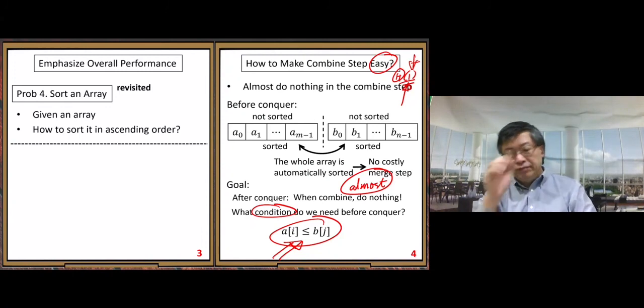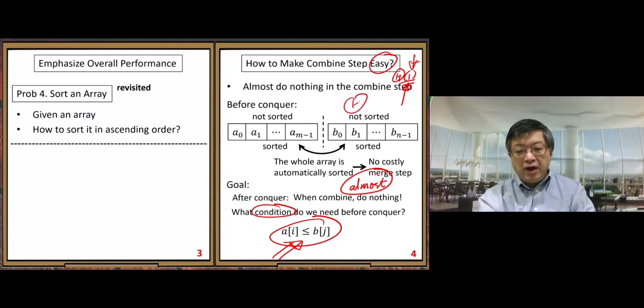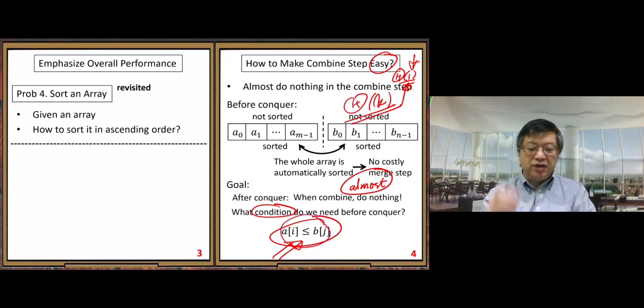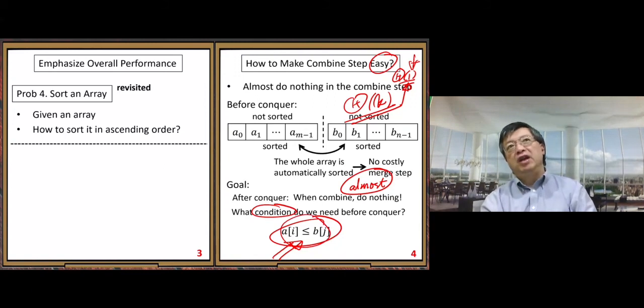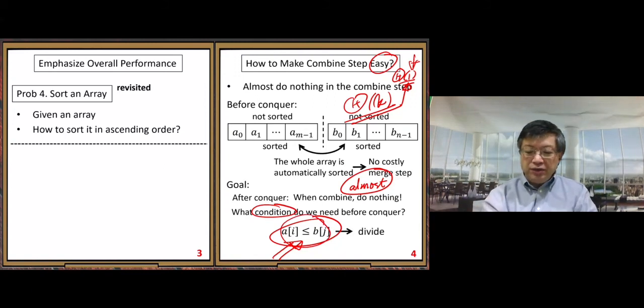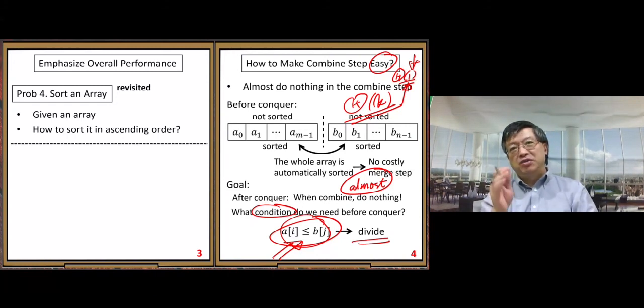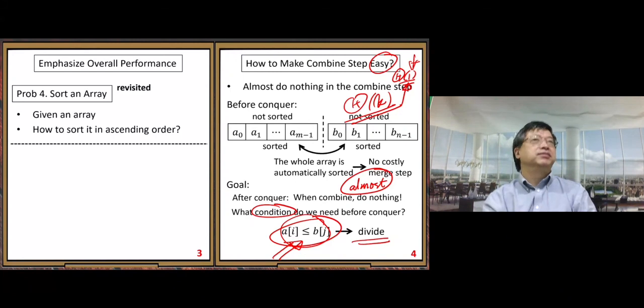We need to remember that big theta of k, we need to pay this much to get this condition. That's the cost we need to pay in the divide step. So the next question is how to do it.